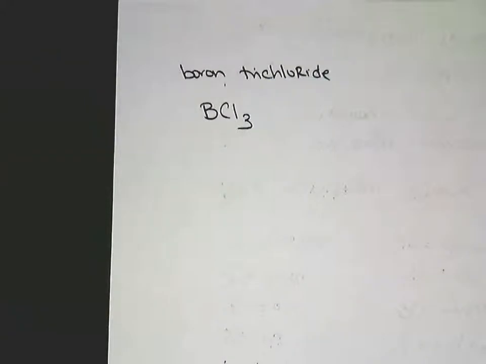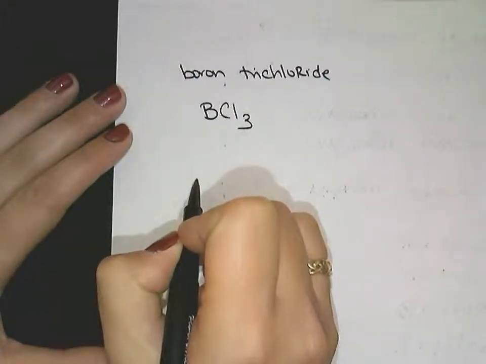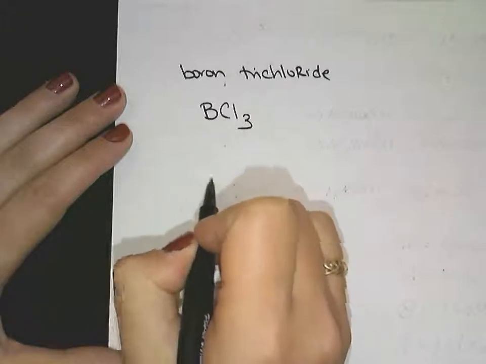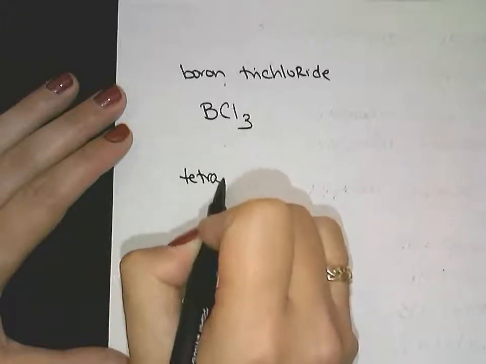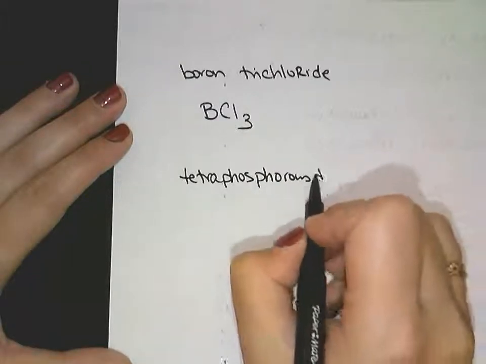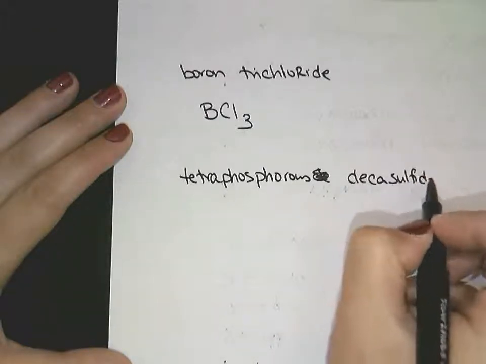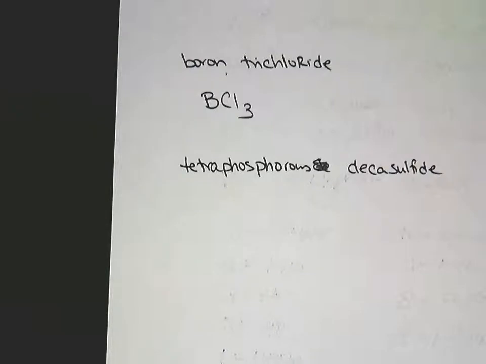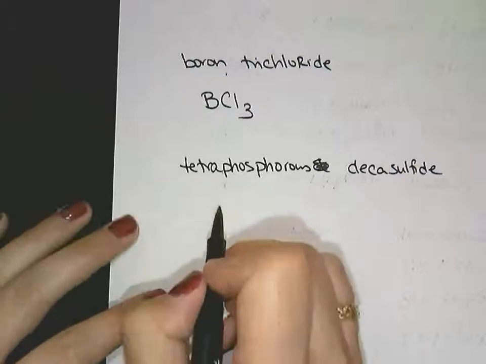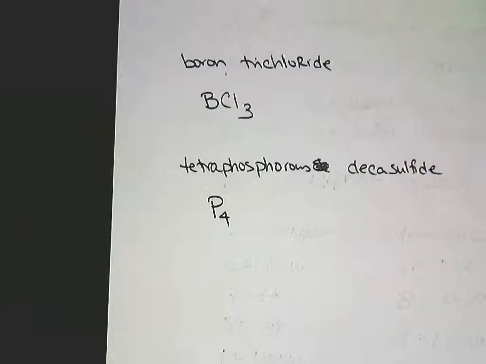Okay, what if I had tetraphosphorus decasulfide? So what letter would I use to represent the phosphorus? P, and then how many of them? Okay. What letter tells me about sulfides? S, and then how many of those?